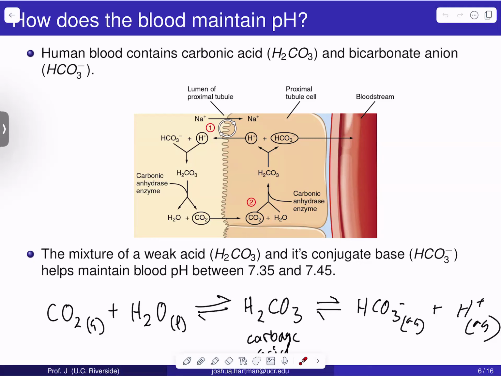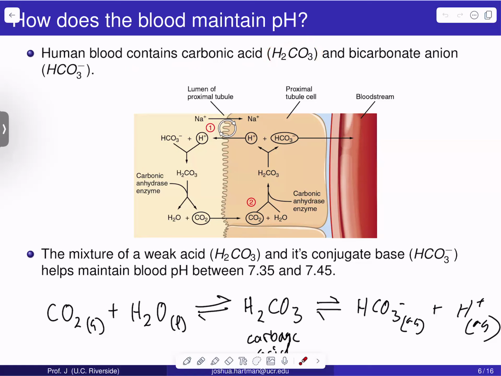And so the body has evolved to have a rather ingenious way of maintaining blood pH, interestingly, by using one of the byproducts of cellular respiration, mainly CO2. It turns out that human blood contains carbonic acid, which is the protonated form of bicarbonate anion.